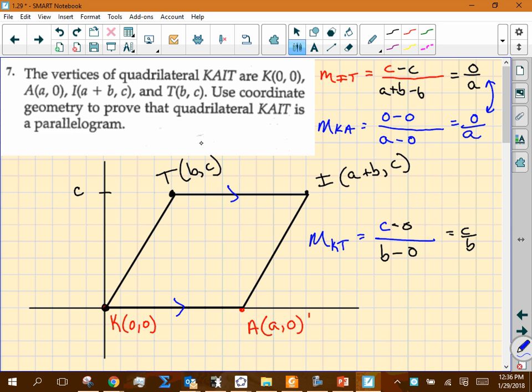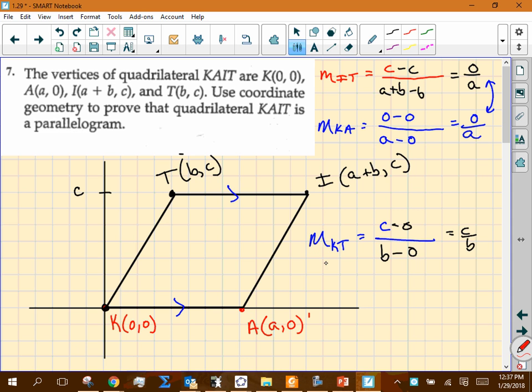I now know if I put this point here, T, at, let's say, 2 comma 5, the slope of that line is going to be 5 over 2. I just take the c value and divide it by the b value. Does that make sense? And then it allows me to change that. What if that b value was 3 and the c value was 12? I would have 12 over 3. Okay? So c over b is that slope.